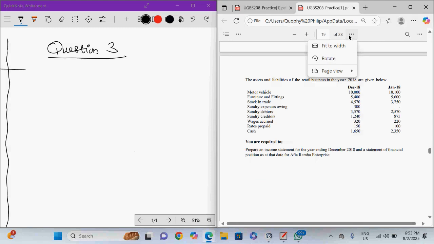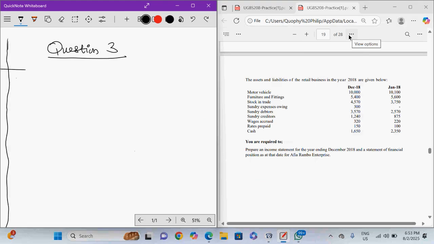So what is the first step? Step 1. The question just wants the income statement, which is step 5.